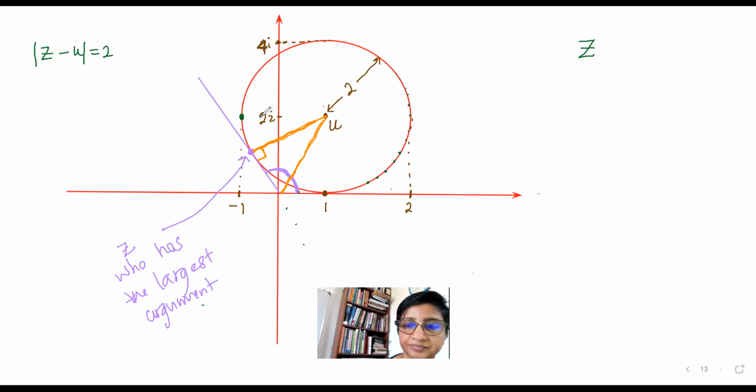This angle, okay, this angle. Because that's the argument for this point.